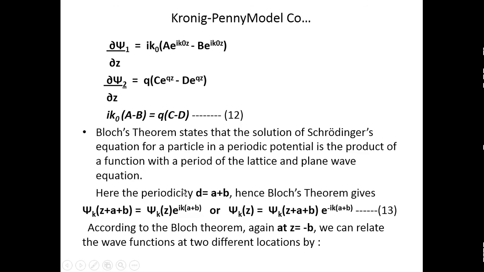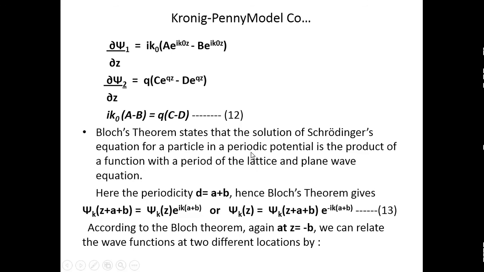Because here the wave function is with this k vector, that is, psi_k(z + a + b) is equal to psi_k(z) e^(ik(a+b)), or psi_k(z) is equal to psi_k(z + a + b) e^(-ik(a+b)).